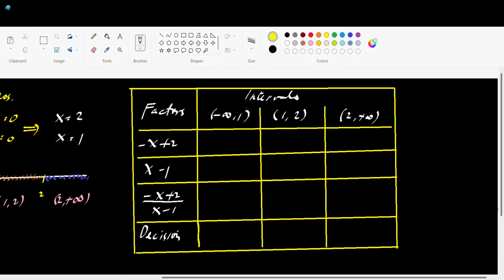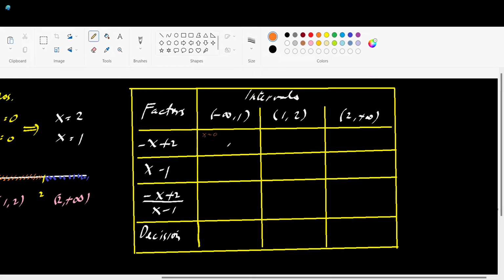For each interval, we get a representative value. So from negative infinity to 1, you can use any number in the interval negative infinity to 1. Say 0. So use x equal to 0. And then we indicate the sign in the table.